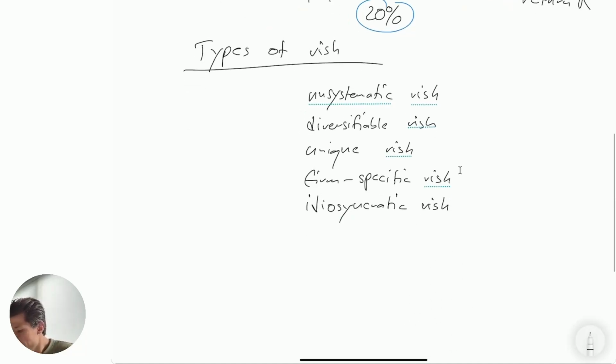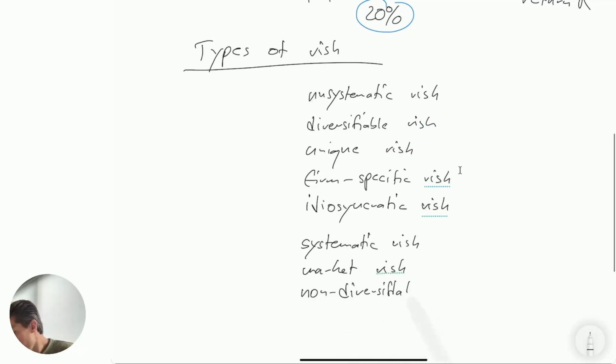We also have systematic risk, market risk, non-diversifiable risk, and non-idiosyncratic risk.